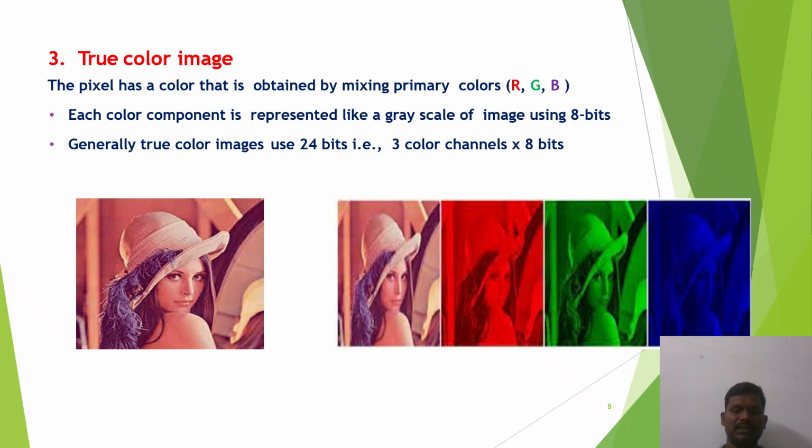In each channel, the pixel at a particular point is 8 bits, so the total number of bits used to represent a particular point in a color image is 24 bits. That means we combine the three channels, and at a point 8 bits are required for each. So 3 into 8 is equal to 24 bits required to represent a particular point in a color image.